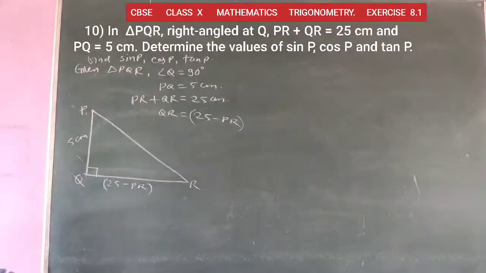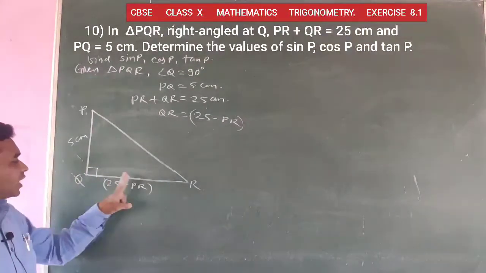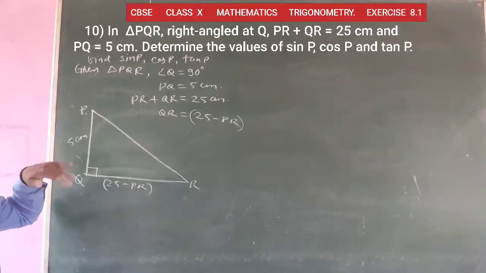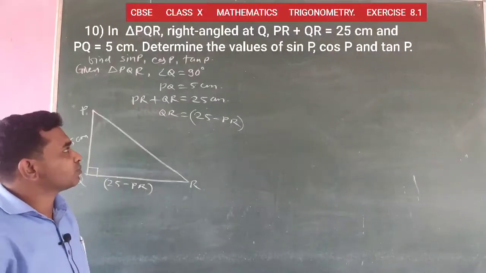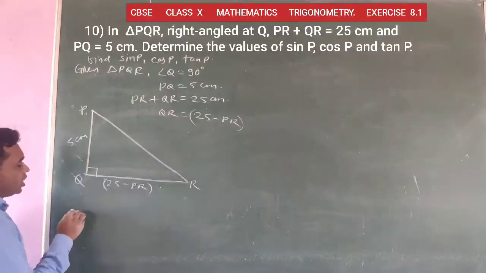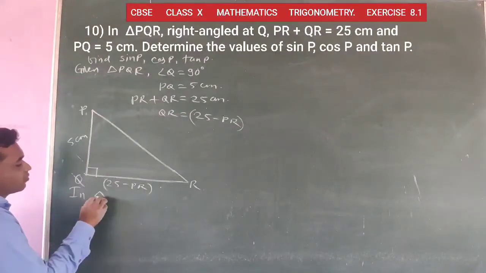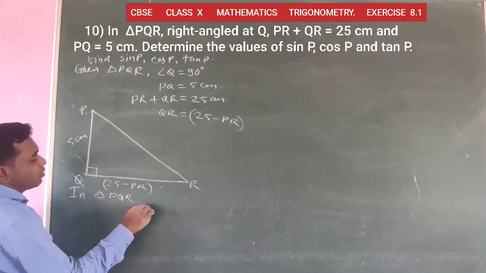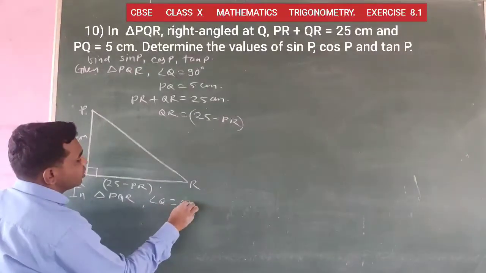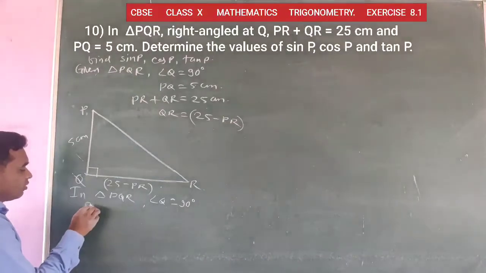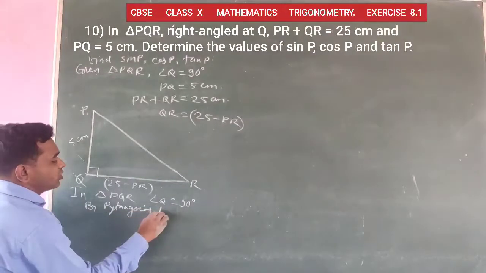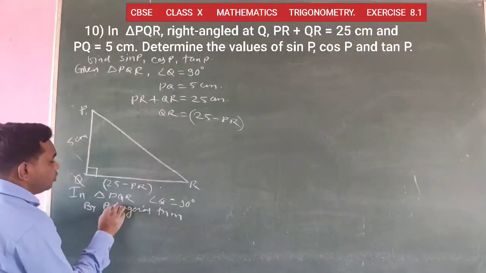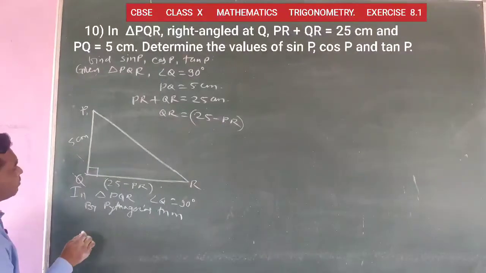Now we have to find out the actual measurement of the sides QR and PR, and after that it is very easy to find the given ratios sin P, cos P and tan P. So in triangle PQR, angle Q is equal to 90 degrees. So by using the Pythagoras theorem, what is the statement?